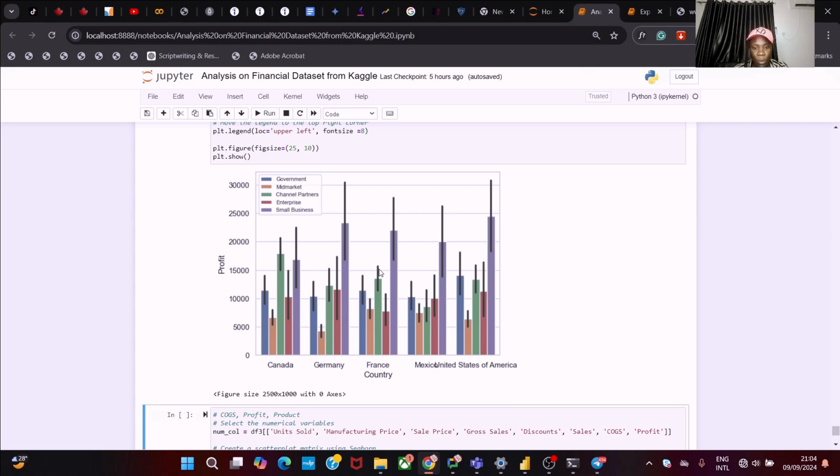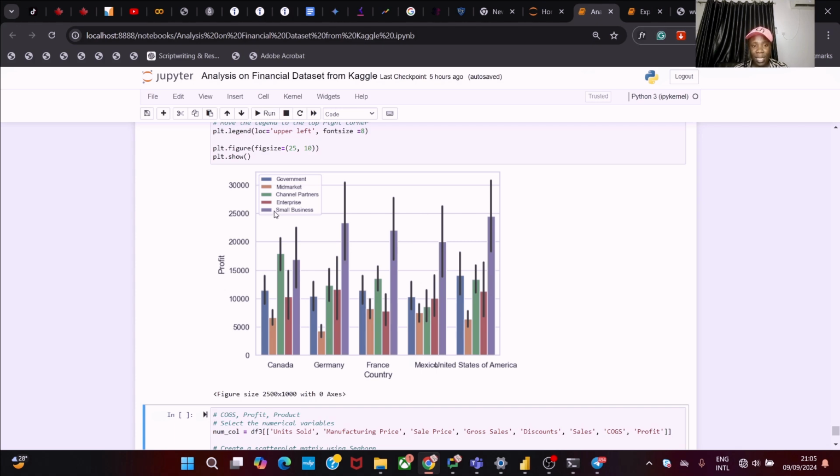Now, when we go over to Germany, we can see that the most profitable segment is small business. When we go over to France, the most profitable segment is also small business. Then when we go over to Mexico, the most profitable segment too is small business. And when we go over to the United States of America, the most profitable segment too is small business.